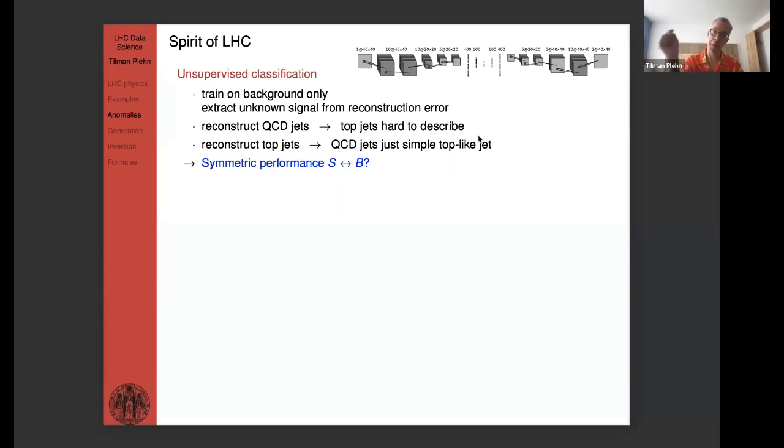The problem is, though, if you do the same thing and you train it on top jets, so on something that's relatively complex, then QCD jets fit right in there. Why? Because QCD jets have less structure than top jets, which means they just look like very simple top jets. That's the problem when you want to run these autoencoders.